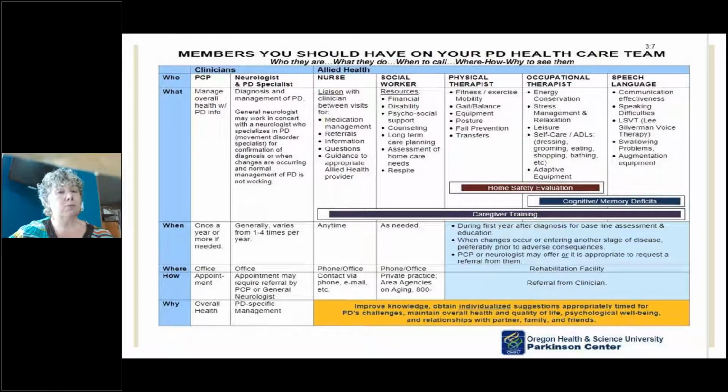You sometimes need to remind them, I saw my neurologist 2 months ago, or I saw my physical therapist a week ago, and they recommended X, Y, and Z. So it does sometimes still require that you advocate and ask your PCP to look into that information.